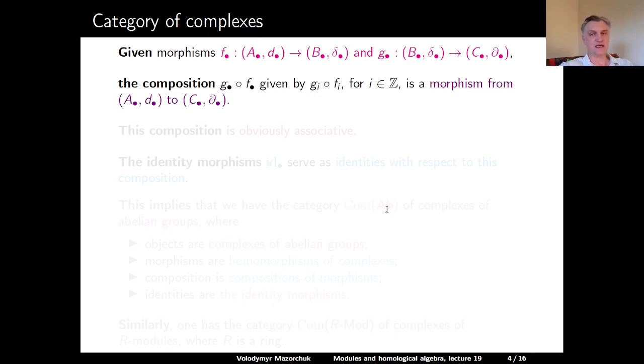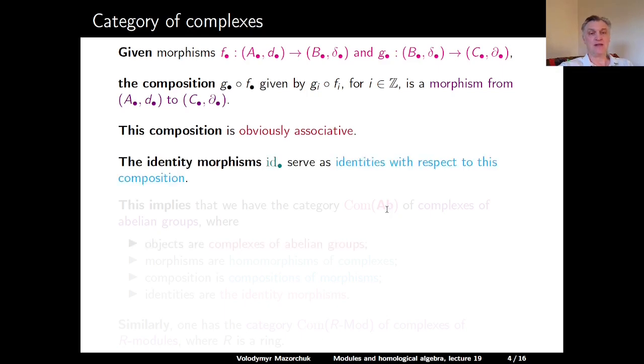And this gives us a morphism from A_• to C_•. And this composition is obviously associative because it reduces to composition of maps, which is an associative operation. And the identity morphisms, of course, serve as the identities with respect to this composition.